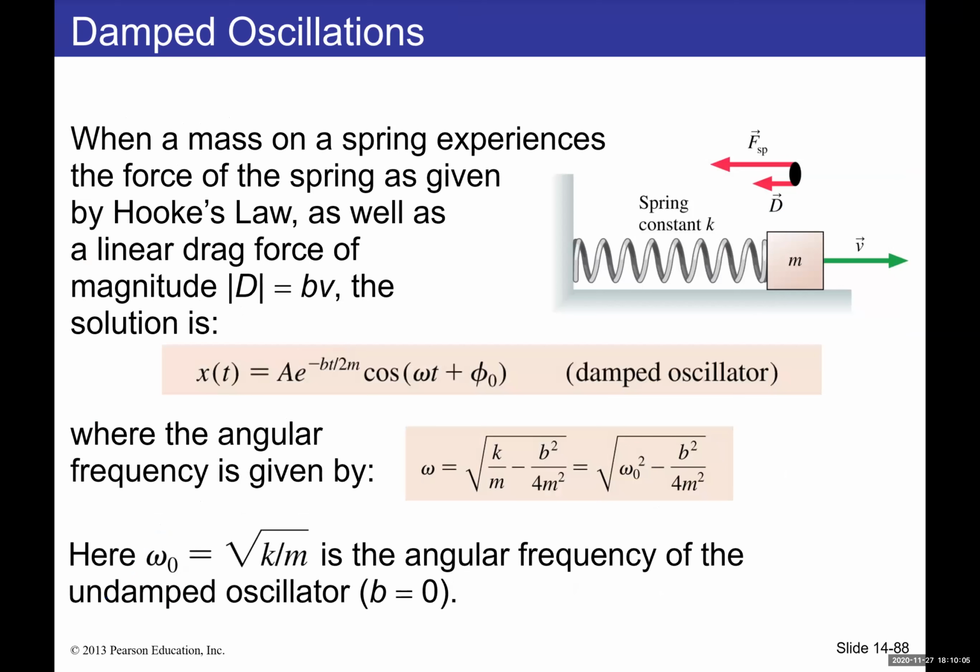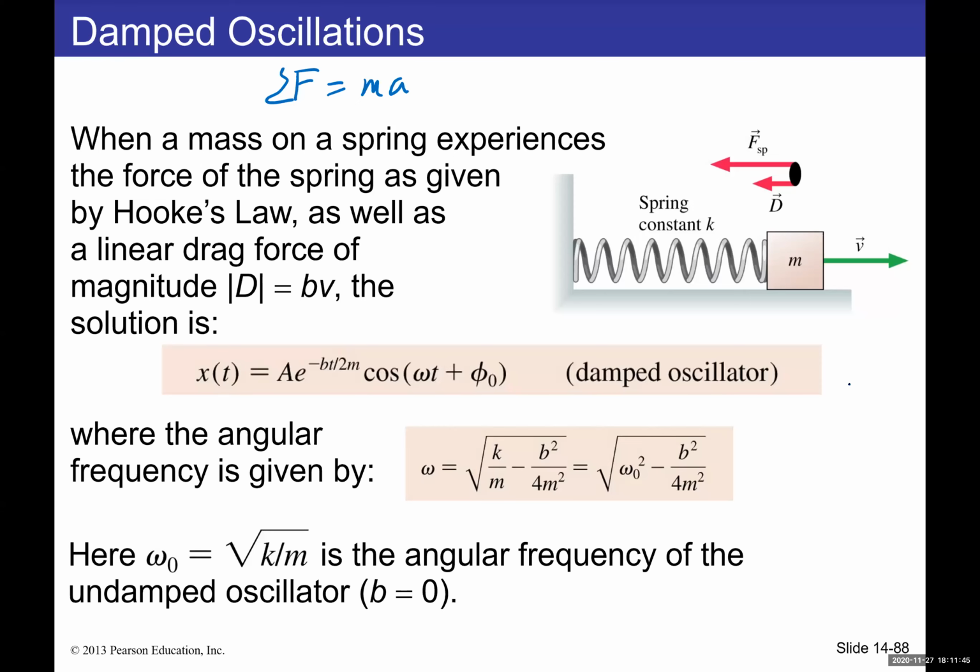So the idea here is my equation now. The net force equals mass times acceleration. But in this case, there's not just the spring force, but also this drag force.